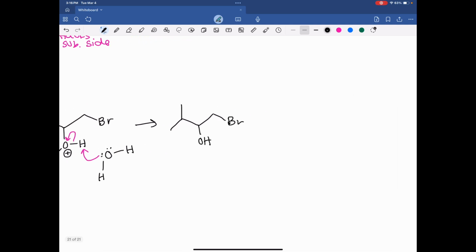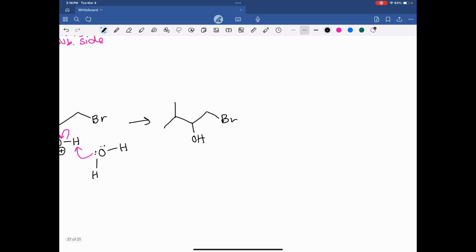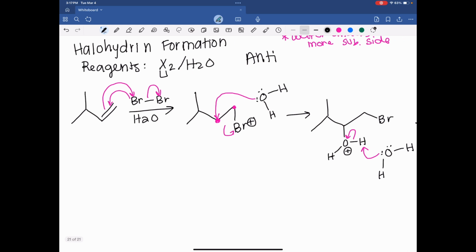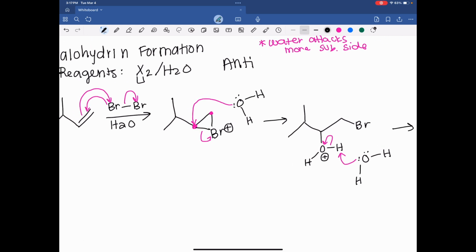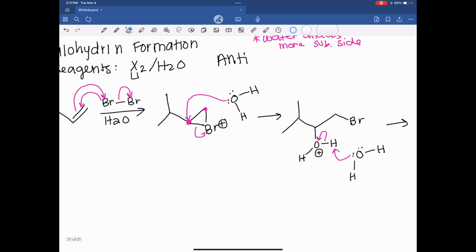And then the two things that I added on this one were this OH and this Br, and it's anti, so I will get this and this as my products. Something about anti is that anytime you have a ring that gets opened, so like in this one right here when we had this ring and it gets opened, it's going to have an anti configuration just because of how the ring splits open.